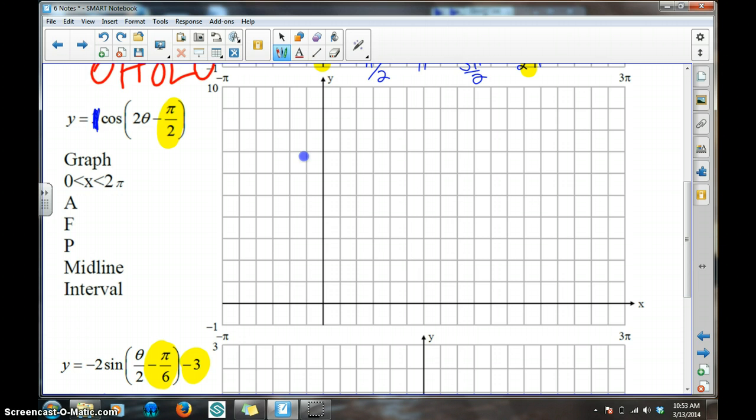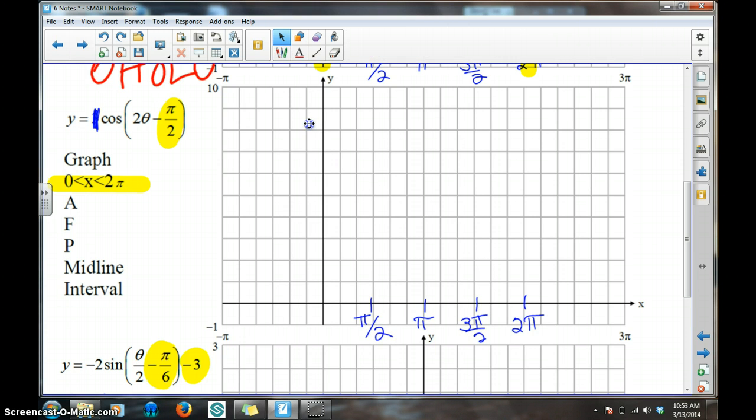The y-axis. In the first one I had a vertical shift, so I pretended my x-axis moved. In this one I have a horizontal shift, so I pretended my y-axis moved. But the same parameters are going to be true this time that were true last time, and that is going to be, I'm going to start by labeling my original, my real, the actual x-axis, 3 boxes pi over 2, 3 boxes pi, 3 boxes 3 pi over 2, and 3 boxes 2 pi.